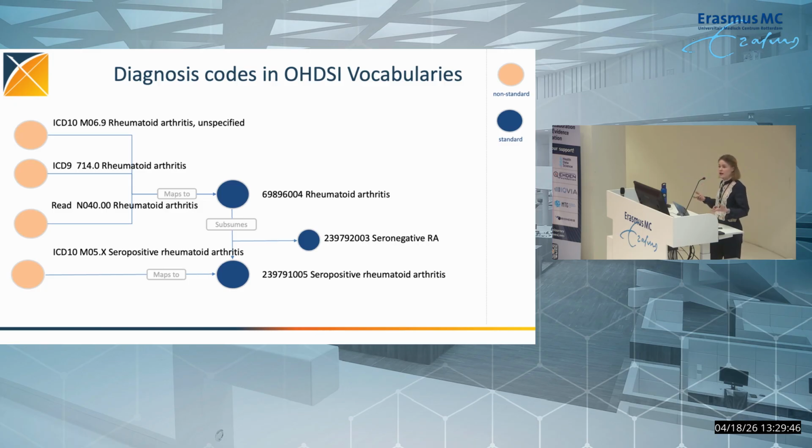You can conveniently use that by selecting, for example, rheumatoid arthritis, retrieving all of its kids, or as we call them, descendants, and getting not only rheumatoid arthritis, but all of its subtypes and different specific codes.